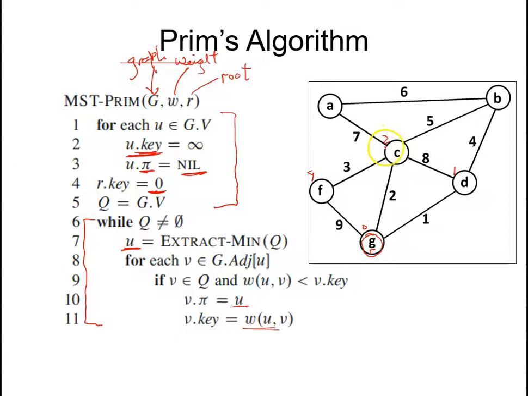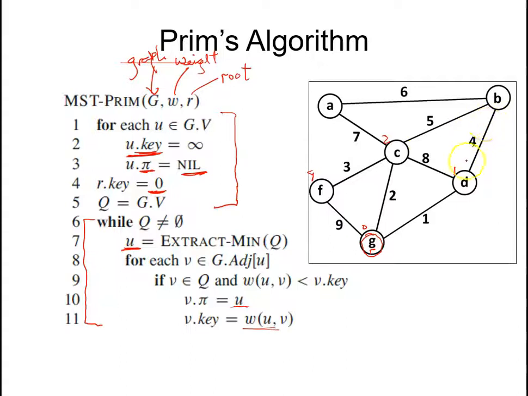Okay, so we don't go within the if statement. So the predecessor of C remains as G. Okay, it's not updated, and its key value is not updated as well because it's got a lower key value than this weight.